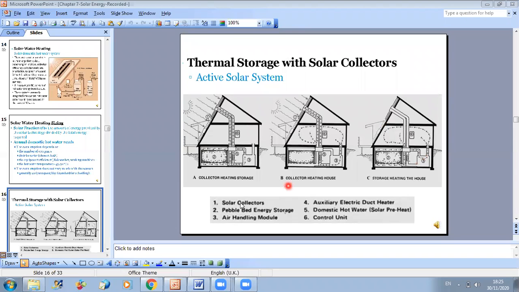So here we have three scenarios. The first one, where we have excess heat, then we store solar energy in the storage medium. Another case is when the solar energy is directly needed to heat the space, so we don't take it to the storage medium. And at the end, when solar energy is not available, then air can be circulated through our storage medium, which delivers energy back to the air.